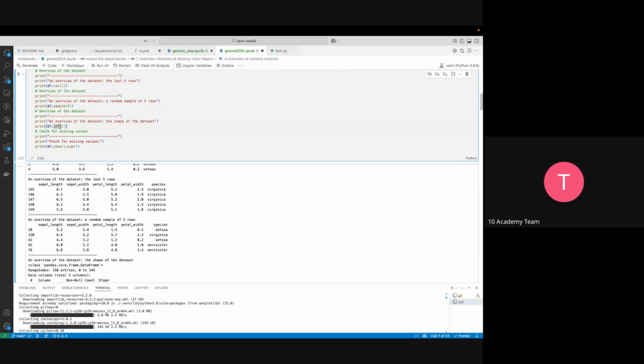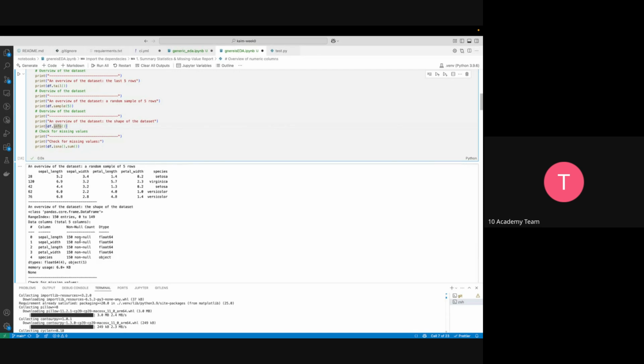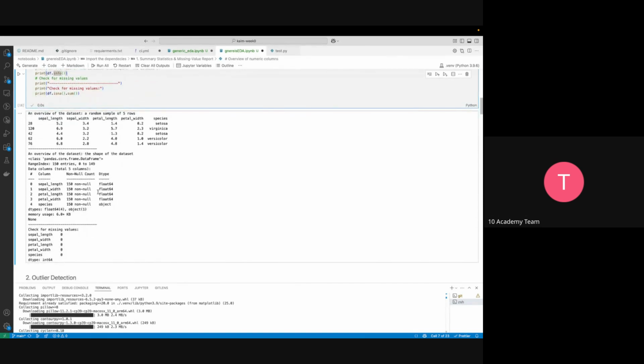Then info is just to see the shape of the dataset. Here you can see the shape and of course the data type of the values. The range is 150 entries, the index is from 0 up to 149, and there are 5 columns. So this is basically the shape of the dataset, and the type is a pandas DataFrame.